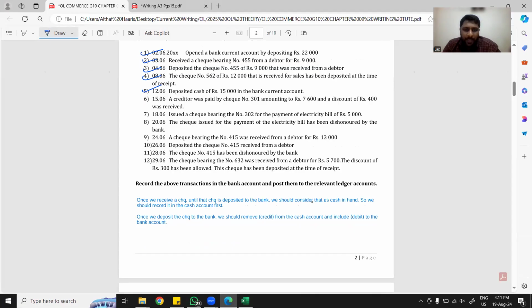A creditor was paid by a check number 301 amounting 7,600. Discount of 400 was received.